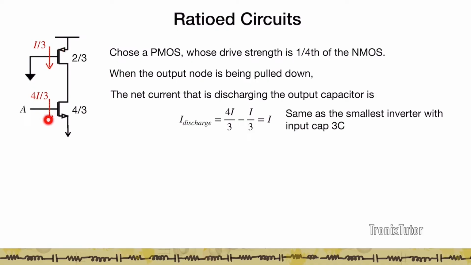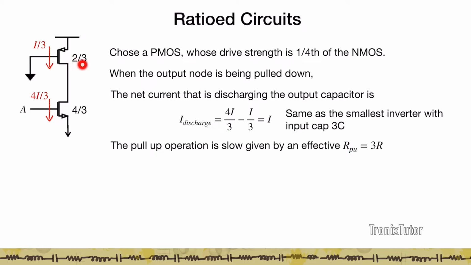So this circuit during discharge, that is when the output node is falling, is going to appear exactly like what would happen in the standard CMOS during pull down. The pull up is a different matter. The pull up is going to be much slower than the pull down, but the pull down is going to be of the same drive strength as that of a standard CMOS inverter.